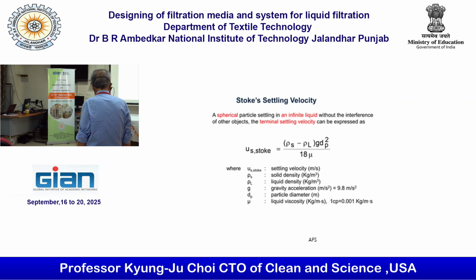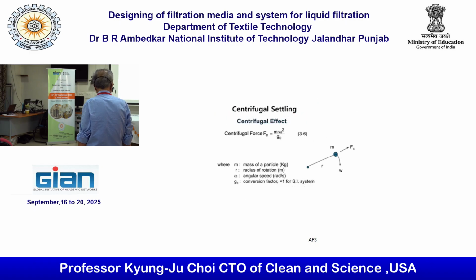In fact, the equation itself is quite simple, simpler than Darcy's equation. Yeah, centrifugal settling. So R value is important. This is not the W, this is supposed to be omega. Also F is the m r omega squared over G. This one is a really simple principle of centrifugal settling.